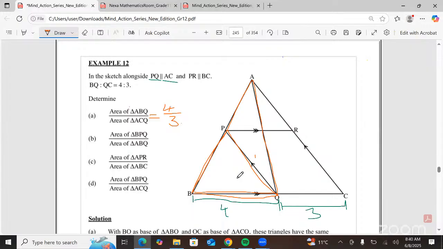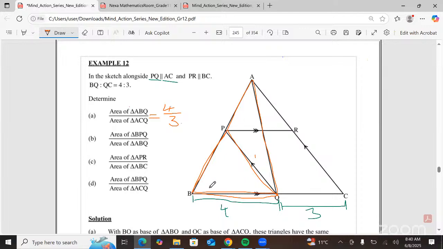Okay, without wasting any time, now we have got this triangle BPQ and ABQ.